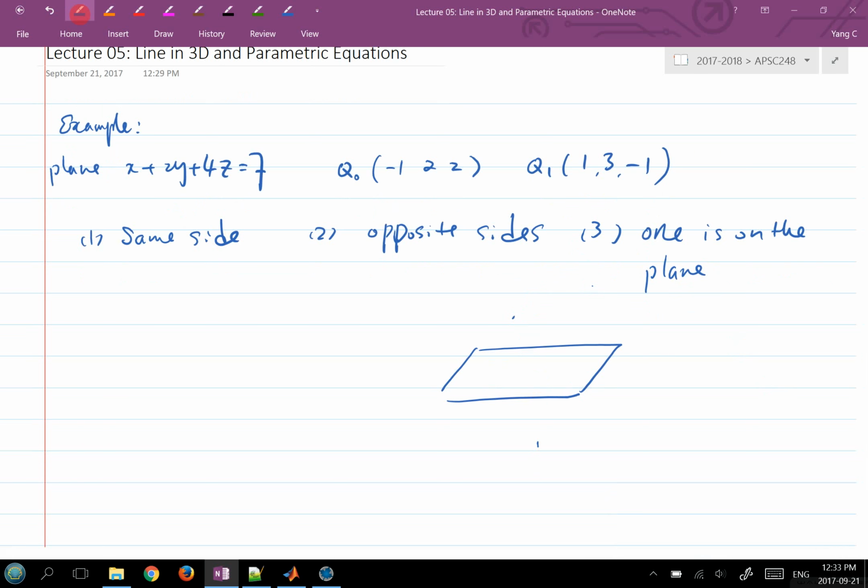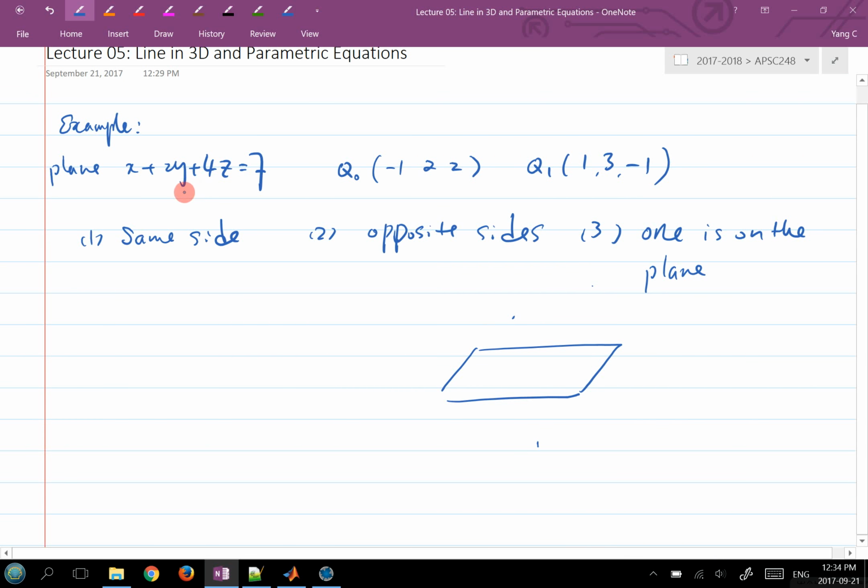This is actually quite straightforward. If you want to verify whether a point is on the plane or not, you substitute the point into the plane equation and verify whether the coordinates of the point satisfy the plane equation.